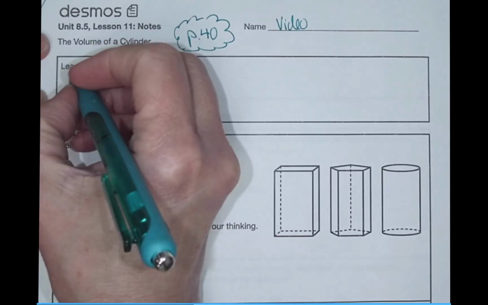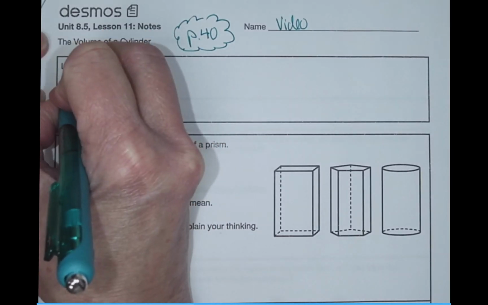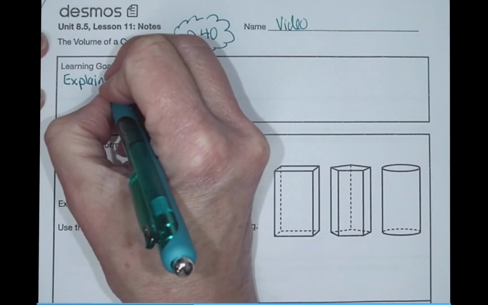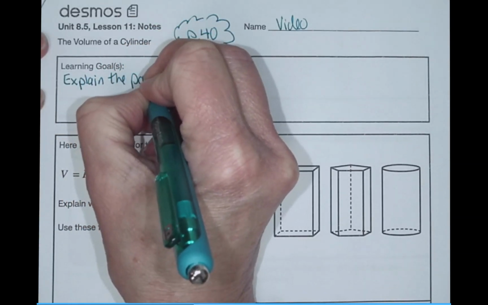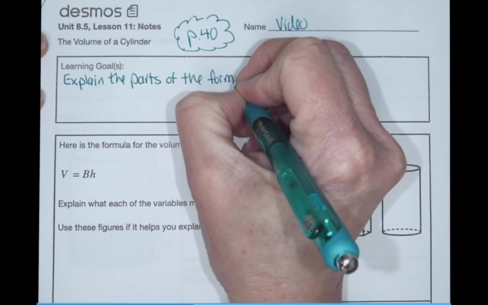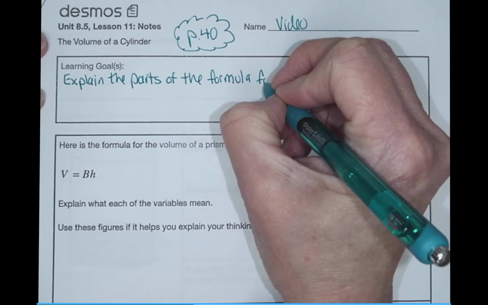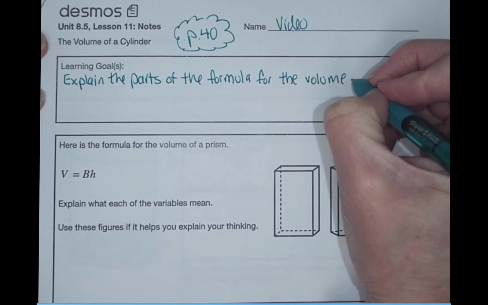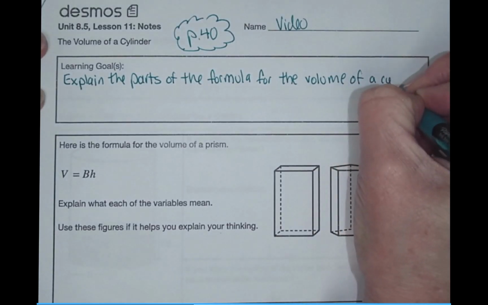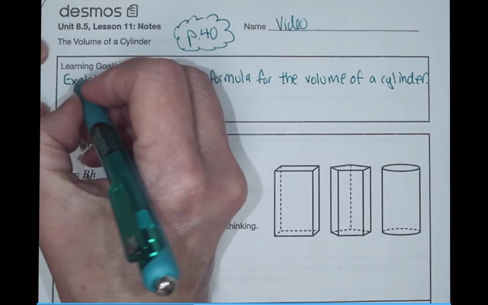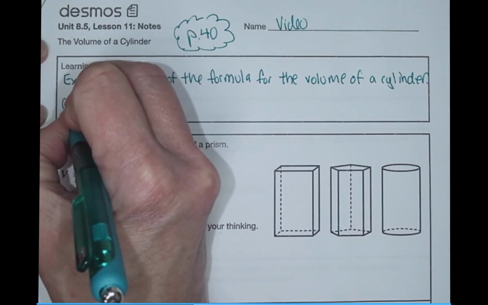Our goals are to explain the parts of the formula for the volume of a cylinder, and also to calculate the volume of a cylinder with that formula.